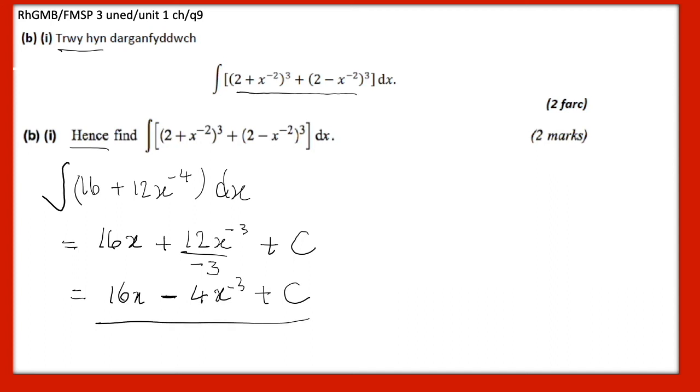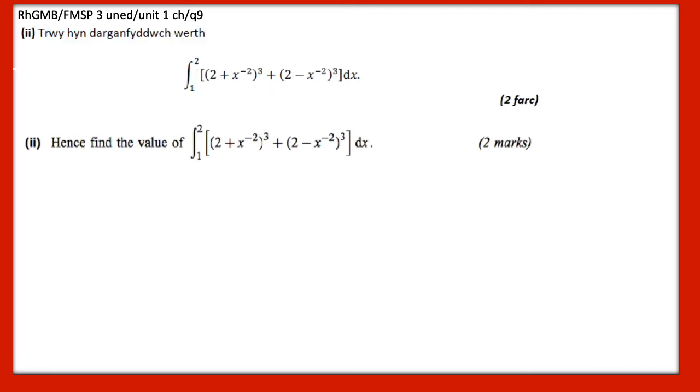2 marks. That's reasonably consistent in terms of the amount of work I have to do. So I've got exactly the same function as I had before, except this time I've got limits, and they're using this word hence, which means use what you've done before. So my integration will be exactly the same.